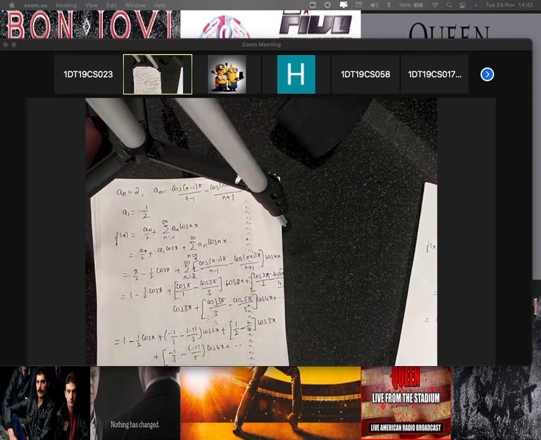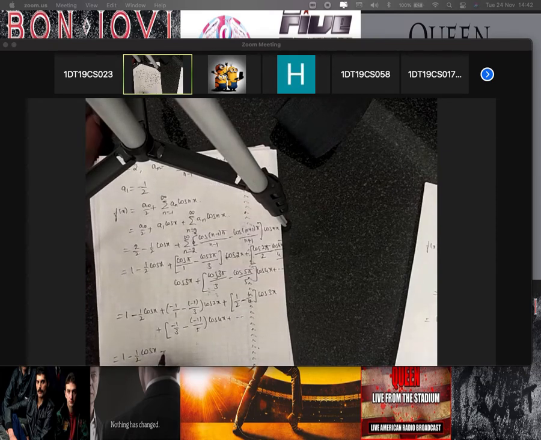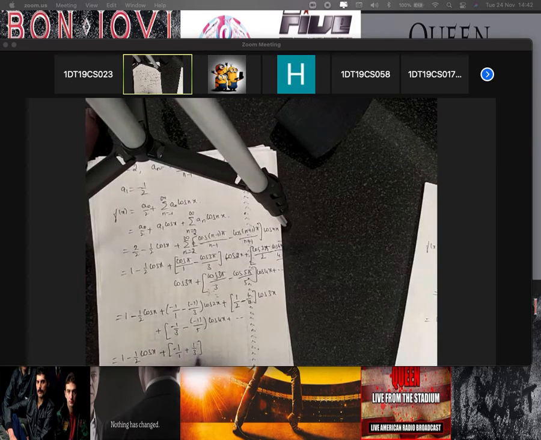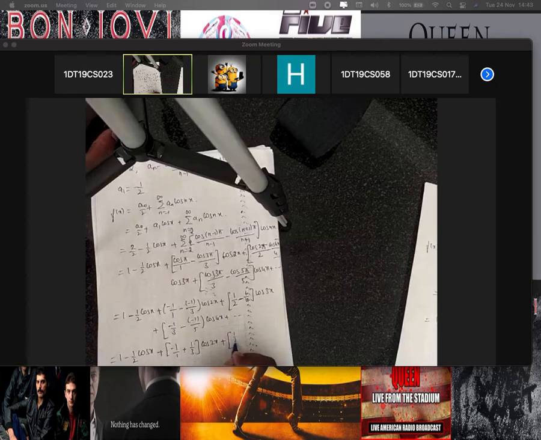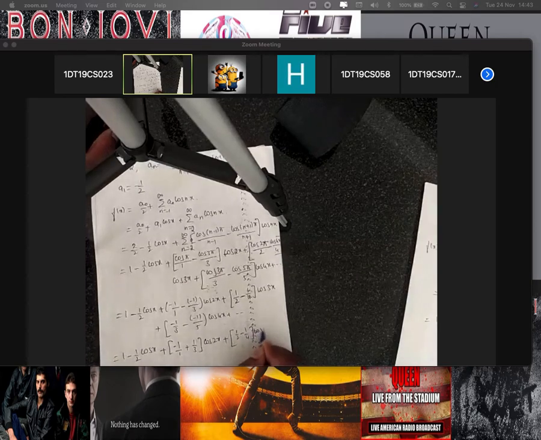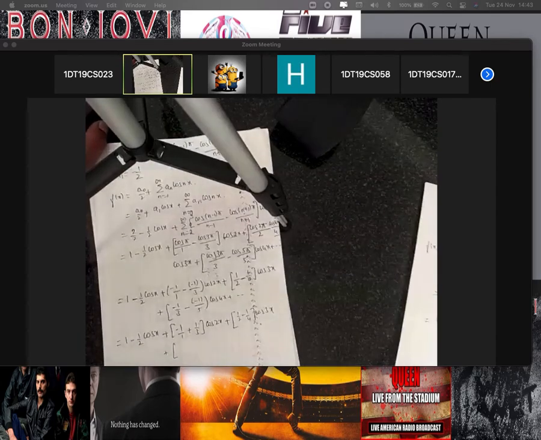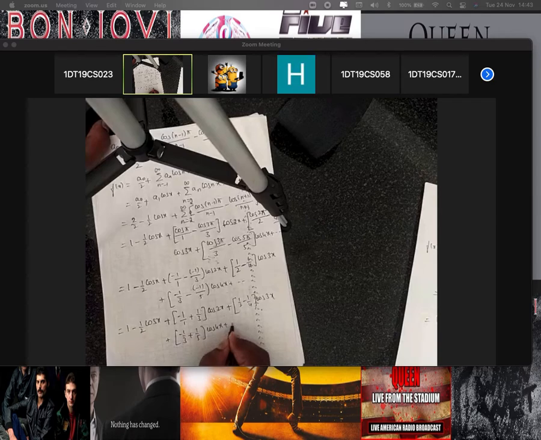It will continue. 1 minus 1 by 2 cos x plus this will be minus (1 by 1 plus 1 by 3) cos 2x plus (1 by 2 minus 1 by 4) cos 3x plus (minus 1 by 3 plus 1 by 5) cos 4x. It will continue like this.